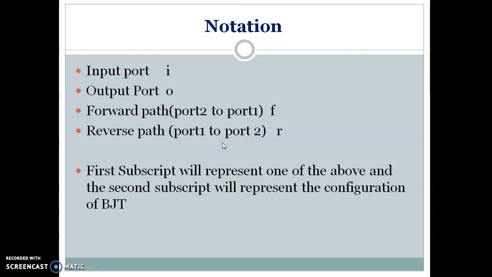Next, these are the notations which I am going to use in the successive video lectures.